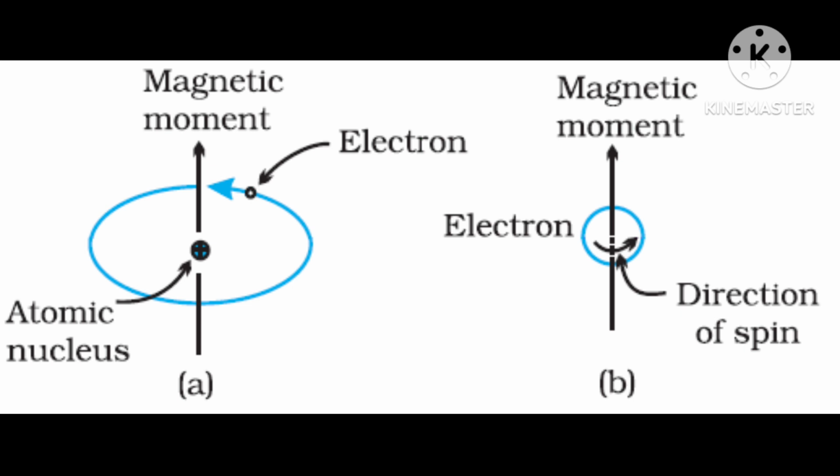Some electrons will be in parallel, some in anti-parallel direction, in unequal numbers, and these are weakly attracted by a magnetic field as compared to ferromagnetic substances. The example is Fe3O4.